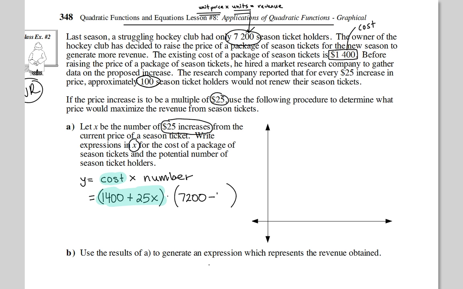Approximately 100 times each X. Okay, so that's the number of people. So if you can memorize that procedure, you'll be fine on these. There's 2 marks dedicated to this in the written response. So if you memorize that, you'll be fine.